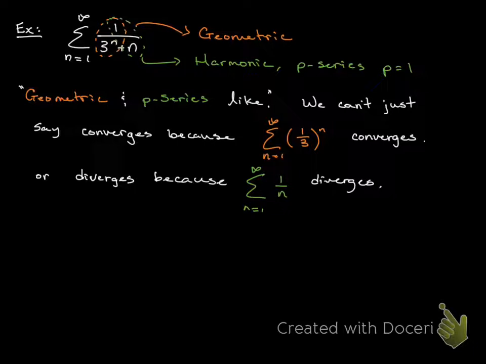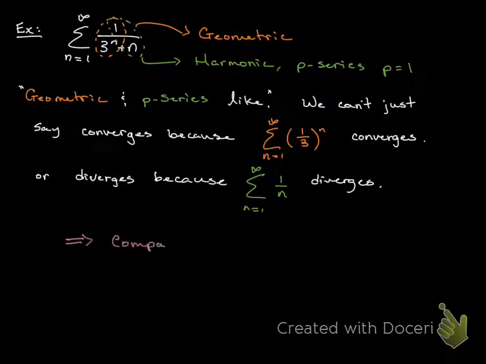So we have to find a way to compare this to one or the other and determine which series it's more like. If it's more like the geometric series, then we can say that the series does indeed converge.